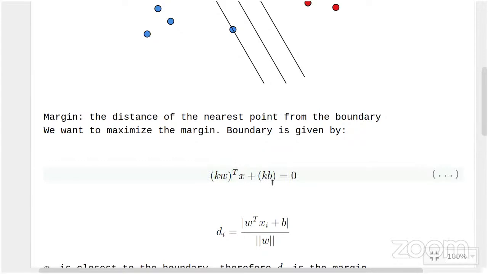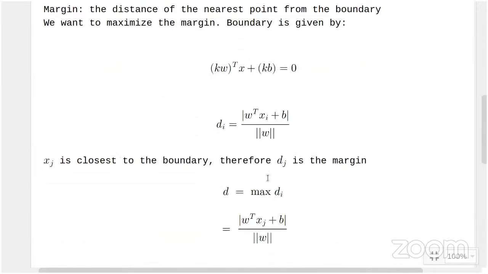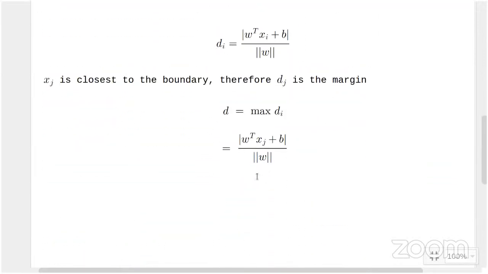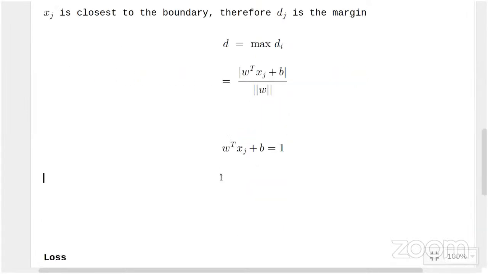This means that I have some control over the values of W and B. So I'm going to choose W and B in such a way that this is equal to 1 for the points which are closest to the boundary. Moment I do that, my margin becomes 1 by norm W.